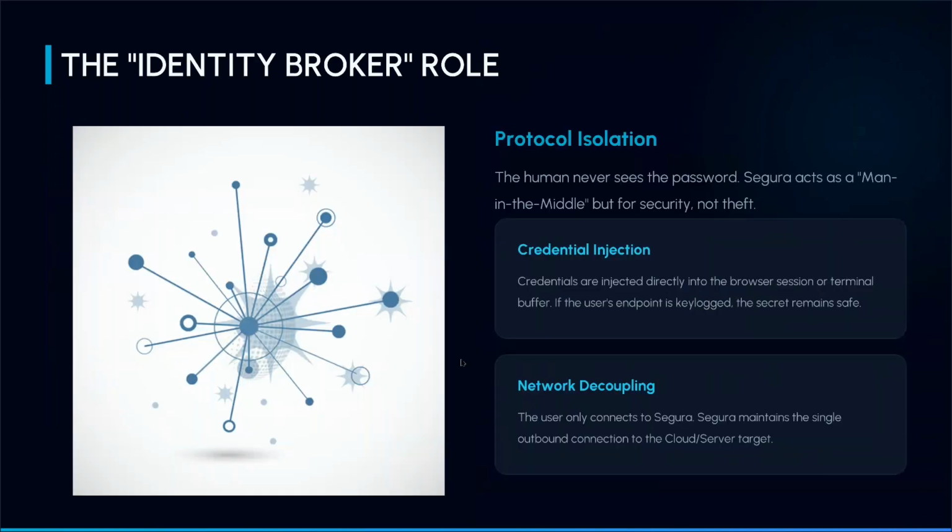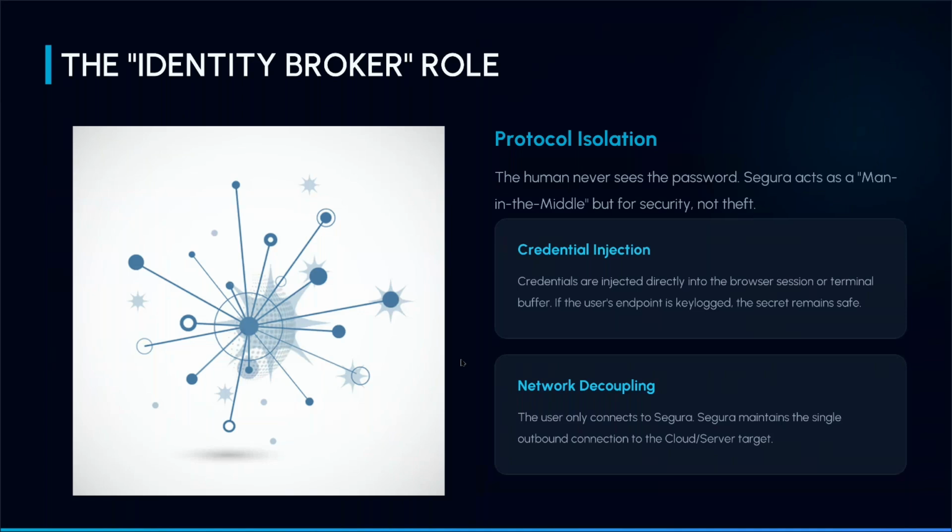So why do we do this? Okay, so first of all, we isolate the password and others natively because the human never sees the password. So Segura acts as a man in the middle, but for security, not for theft.